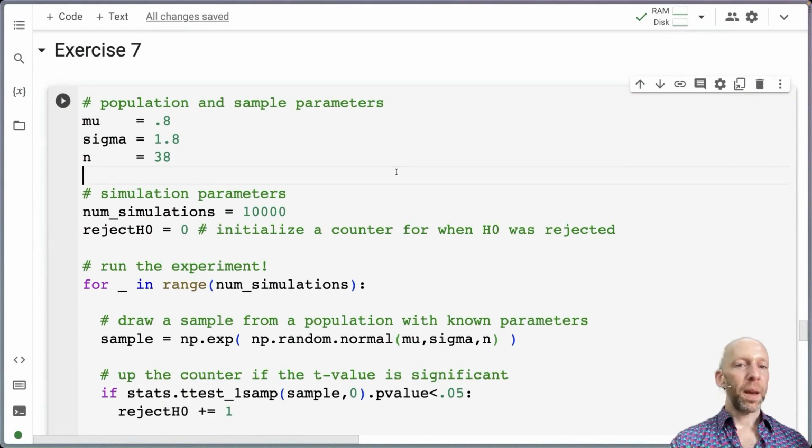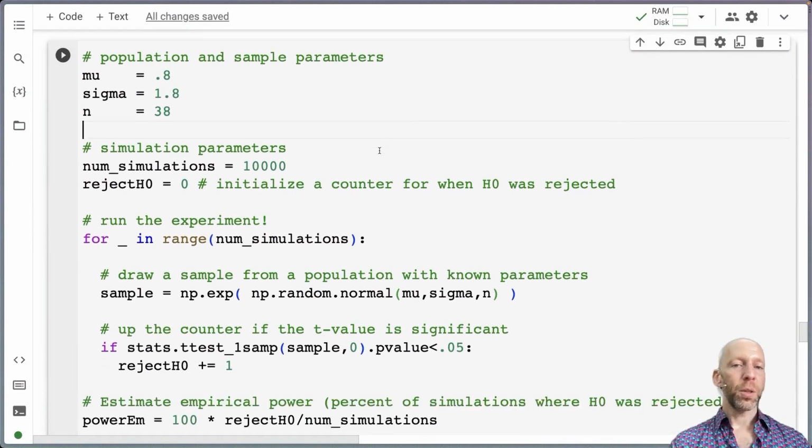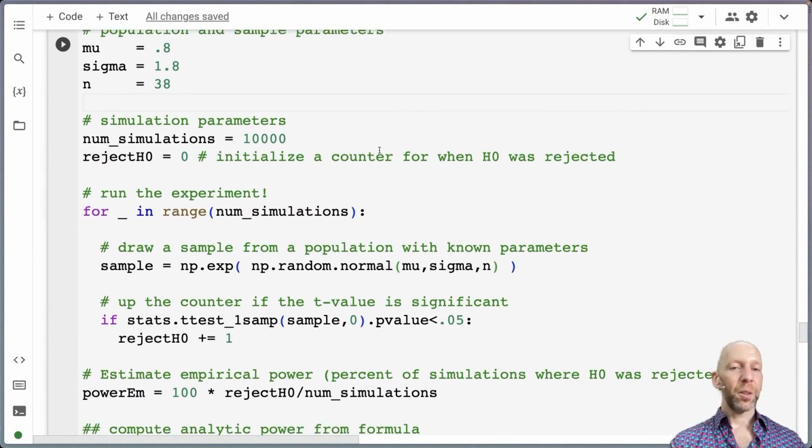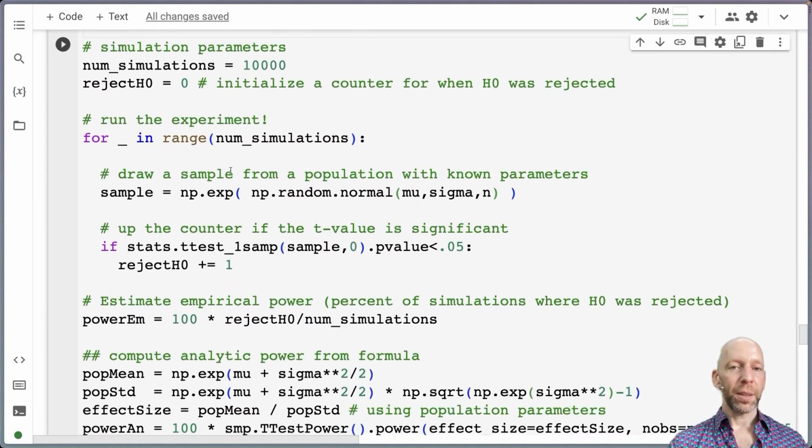So here we are with the code. Almost all of this code is identical to the code from the previous exercise. There's just a couple of things that I changed. I literally just took the random numbers that were already there before and pushed them through this natural exponential.